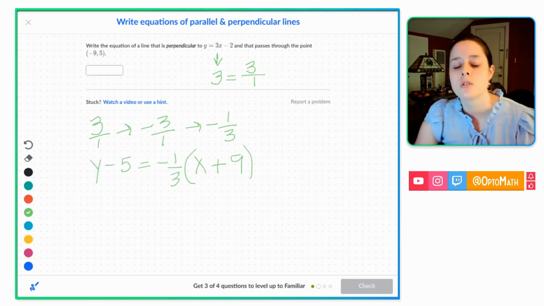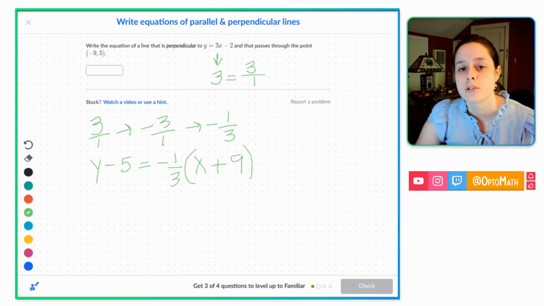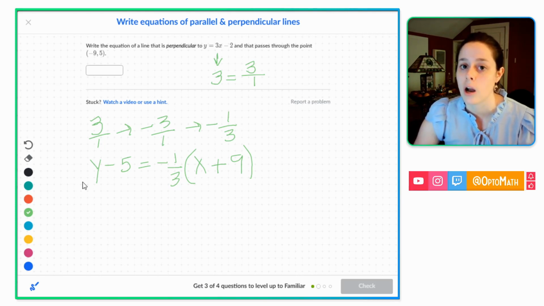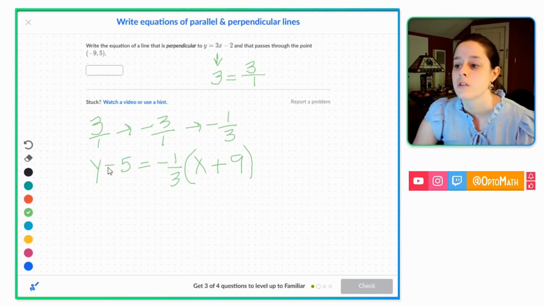Remember, the sign of your x and y values will change when they go into the point slope formula because the formula is subtracting your y1 and your x1. So the 5 became negative and the -9 became positive.